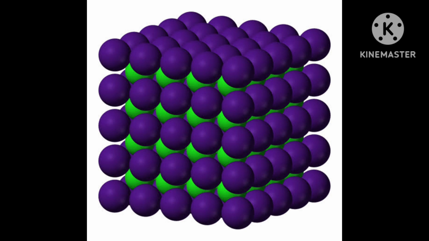For example, all the metallic elements like iron, copper and silver are crystalline. Non-metallic elements like sulfur, phosphorus and iodine are also crystalline, and compounds like sodium chloride, zinc sulfide and naphthalene form crystalline solids.